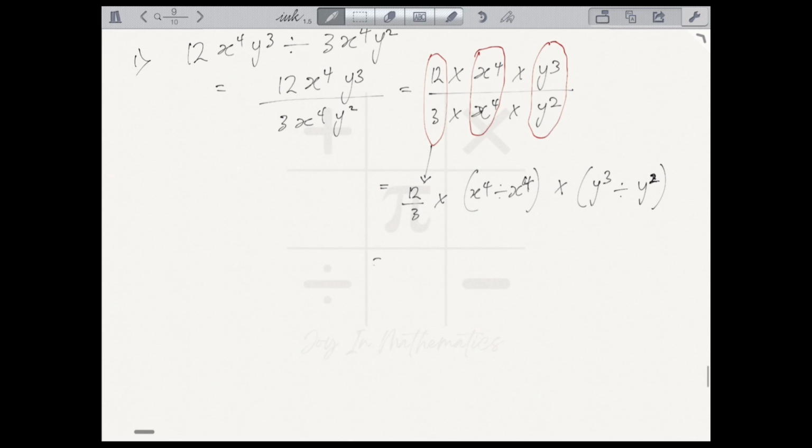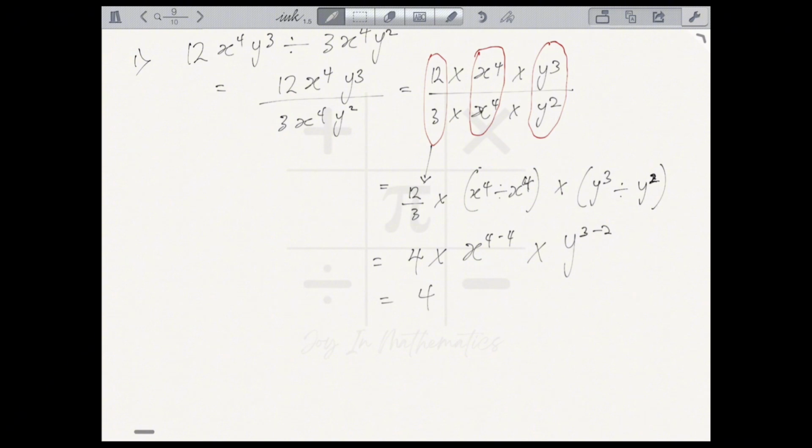All right, so 12 divided by 3 is 4, and let us apply the subtraction law here. We have x raised power 4 minus 4, and likewise the subtraction law here states y raised power 3 minus 2.